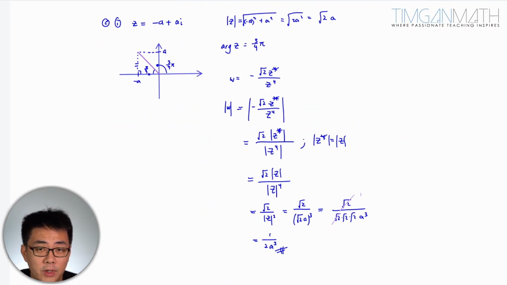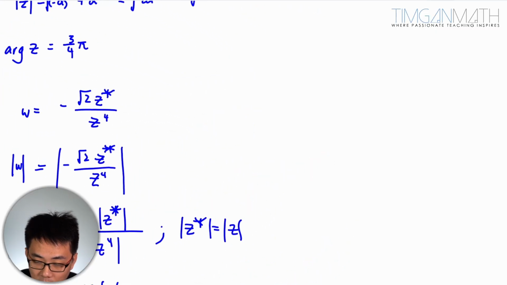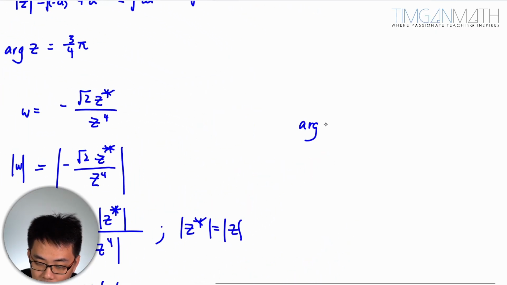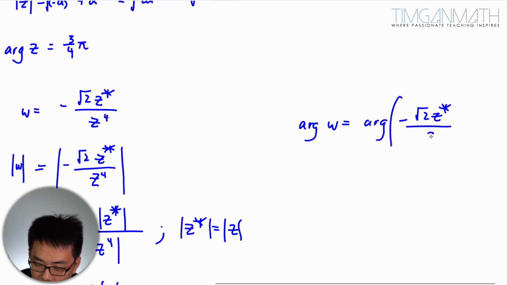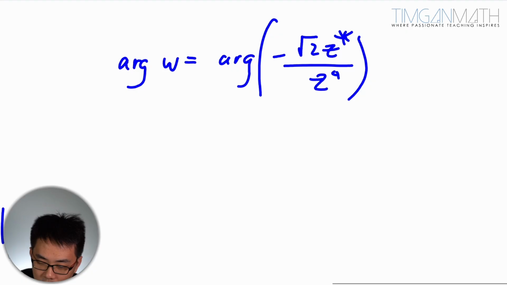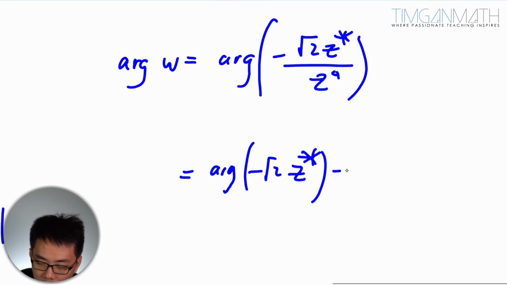Then after which we need to find the argument. So the argument, just remember, when you find the argument of w, it's just the argument of minus root 2 z conjugate over z to the power 4. This will just be the argument of minus root 2 z conjugate minus the argument of z to the power 4.